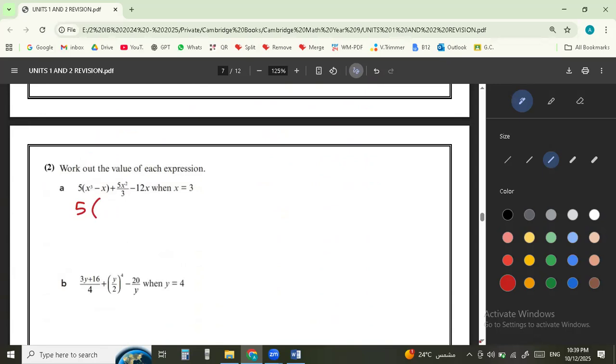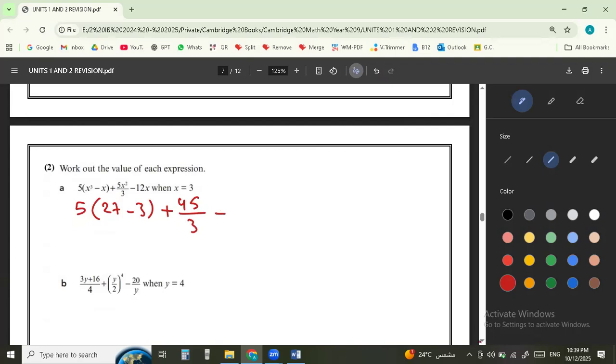5 multiplied by X, which is 3. So 3 cubed, which is 27. Minus X, which is 3. Plus 5 times X squared. X squared, X is 3, so 5 times 9, because X squared is 9. X is 3. 3 squared is 9. 9 times 5 is 45. Over 3. Minus 12.